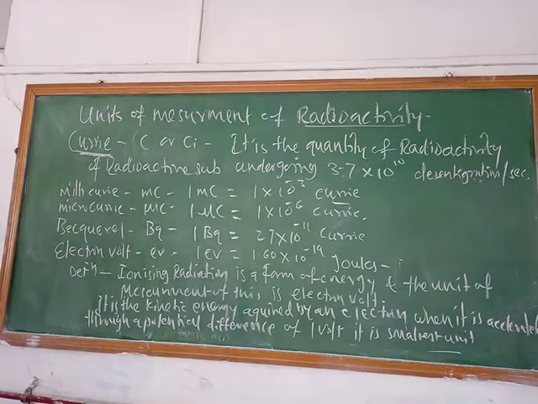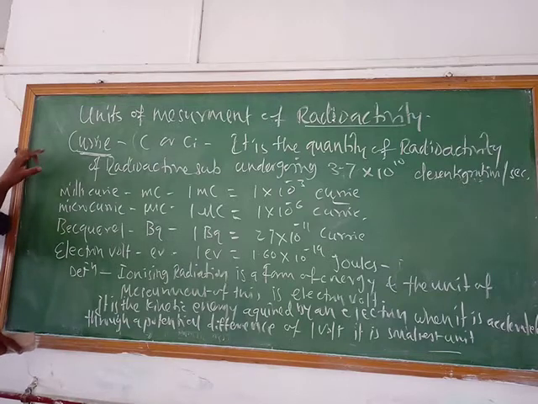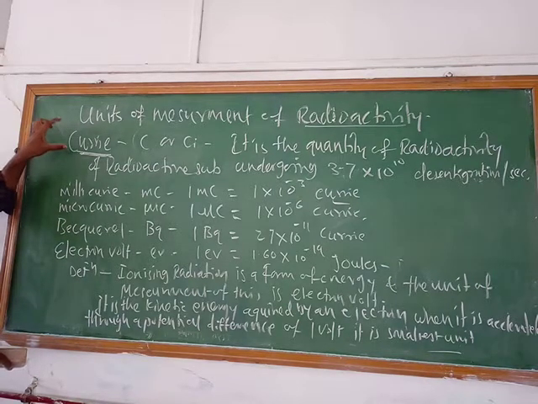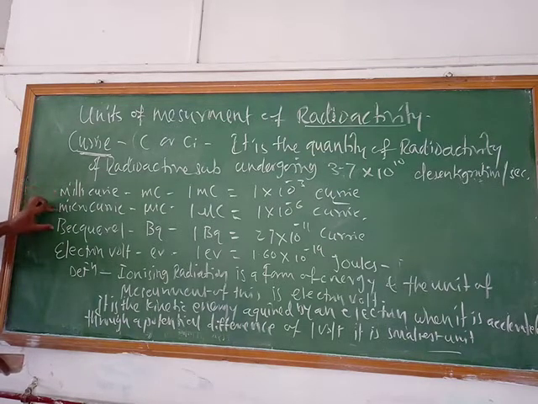Then another set of units, the units of exposure, absorbed dose and dose quantities, are as follows. Curie is the main unit of measurement of radiation, and millicurie, microcurie, becquerel are the smaller units of curie.